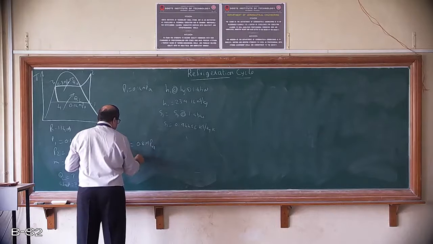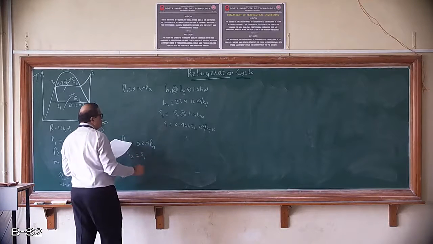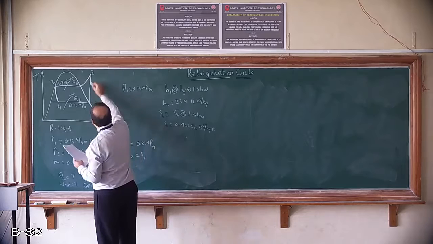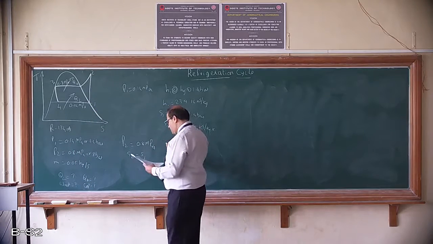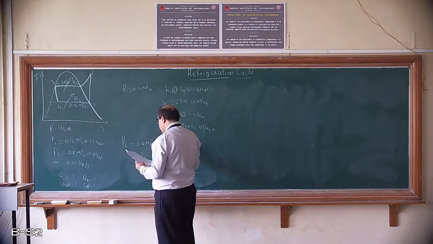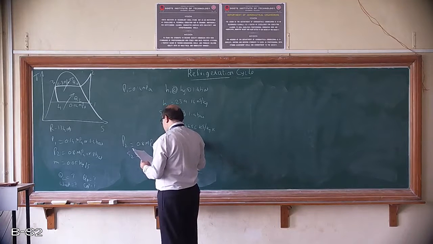S2 is equal to S1, okay, because S2 is equal to S1. So 0.8 and S2 is equal to S1. So H2 we get basically from the superheated values, table 20.